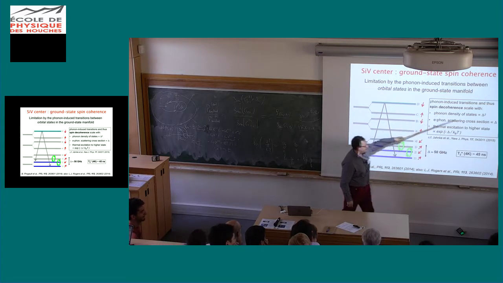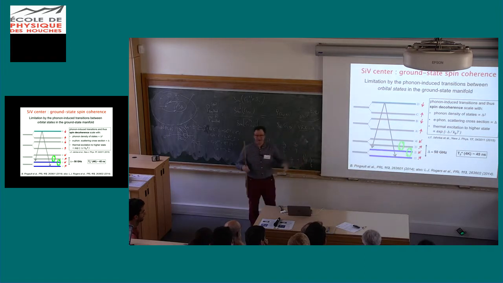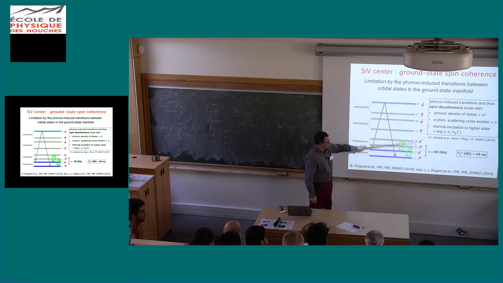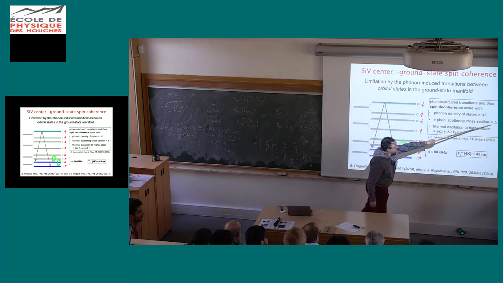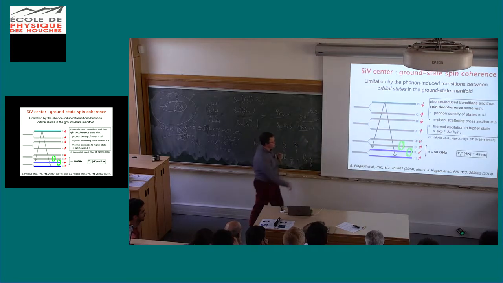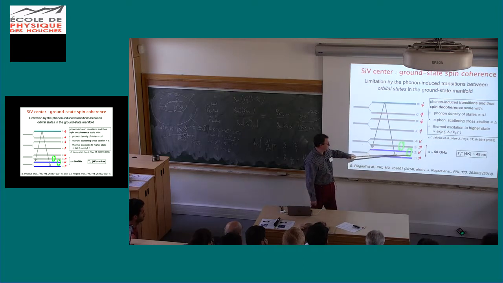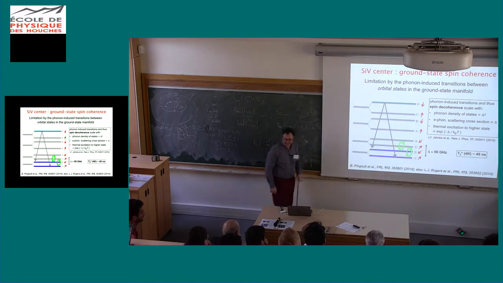And the phonon density of states squared goes as delta squared, if delta is the width of the phonons and the difference, and somehow the width of these systems here. The electron-phonon scattering cross section also has a dependence on this detuning parameter, and there is also a thermal excitation effect. You have to create the phonons by thermal excitation, so it means that you will also have a Boltzmann law for this effect.